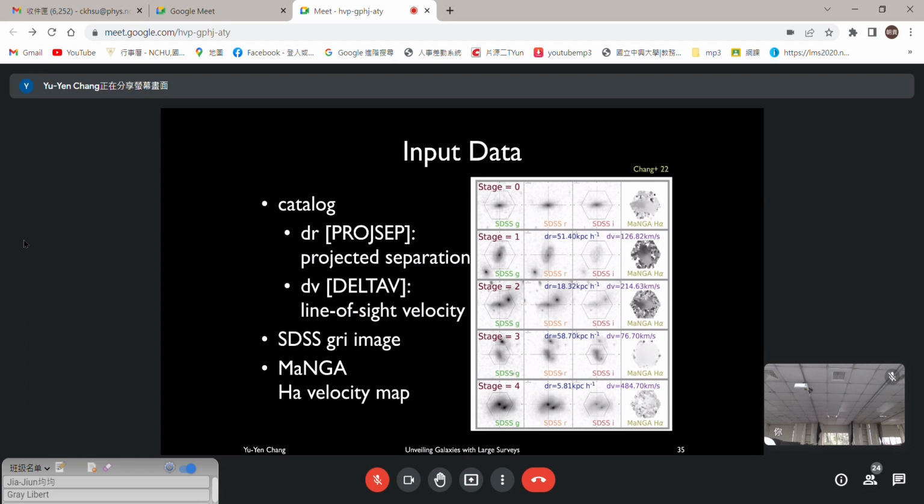As you can see here, we have 3 colors of optical images. And from MaNGA data, we also use the H-alpha velocity map, which is another image people use when they try to classify galaxy mergers. At different stages, they look different. So we include all this data as input before we do the machine learning test.